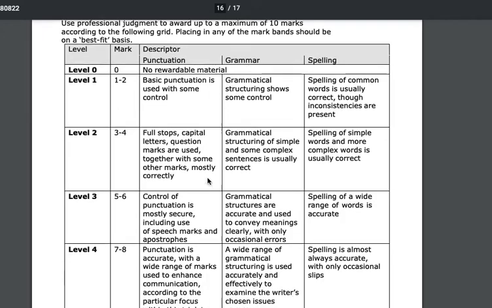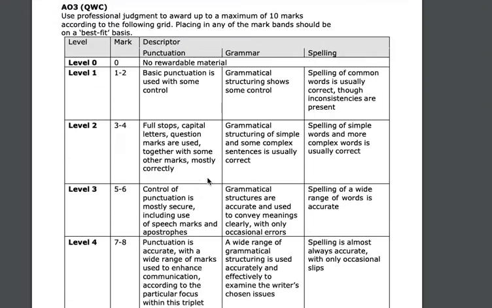Okay, so the next bit is we've got 10 marks to give you for punctuation and grammar. So level 1 is basic punctuation is used with some control. Grammatical structuring shows some control. Spelling of common words is usually correct, though inconsistencies are present. That's not you. Level 2, 3 to 4. Full stops, capital letters, question marks are used together with some other marks, mostly correctly. That's not you.